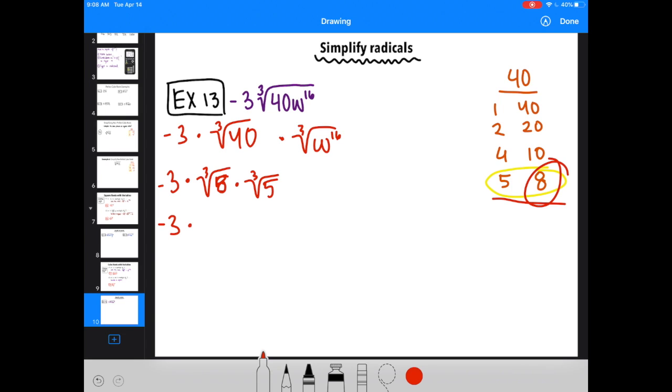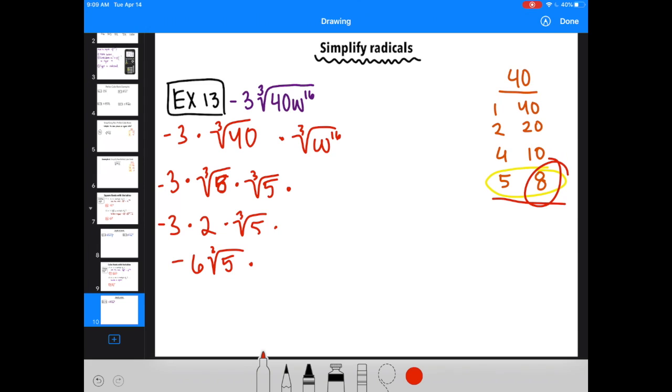Cube root of 8 simplifies down to 2, leaving me with 3 cube root 5. I'm going to combine my coefficients, so I have negative 6 cube root of 5.